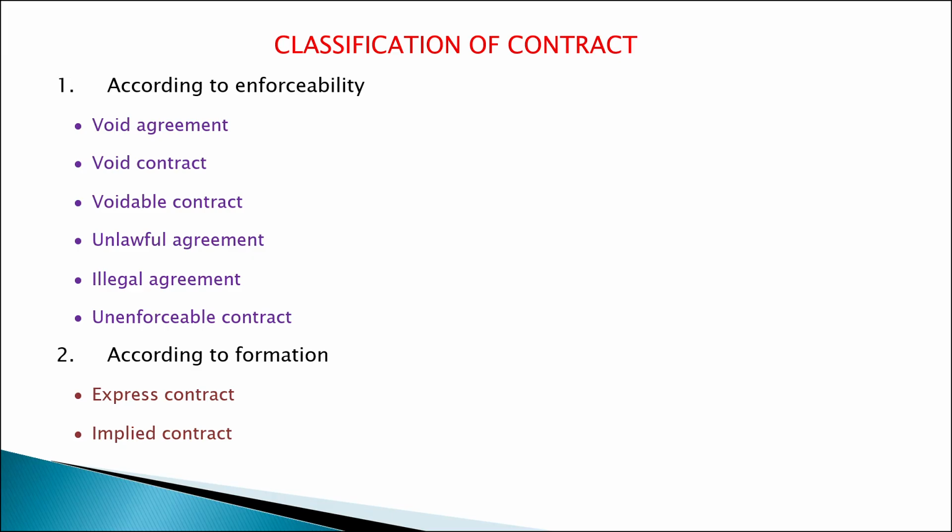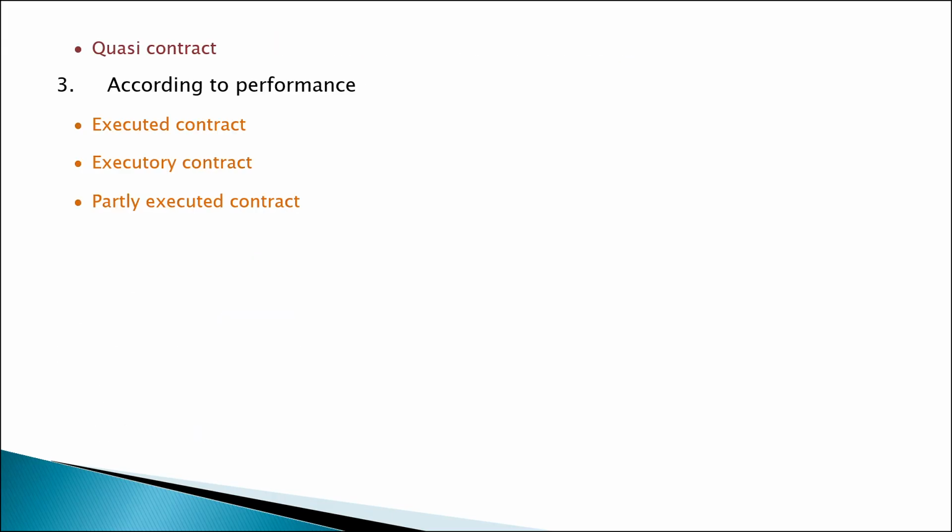Next one is executory contract. An executory contract is one in which both the parties are yet to fulfill their respective obligations. For example, L agrees to sell his watch to M for rupees 500.